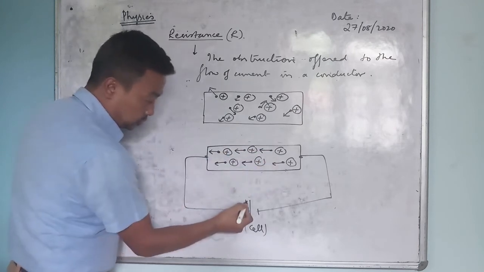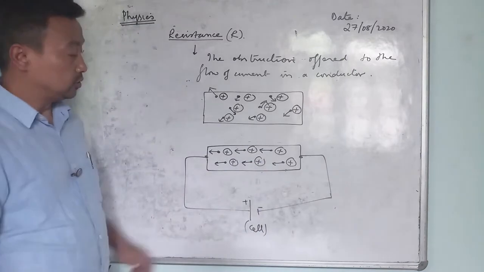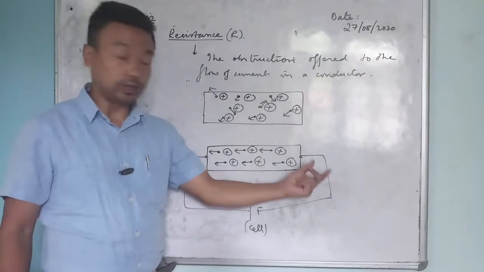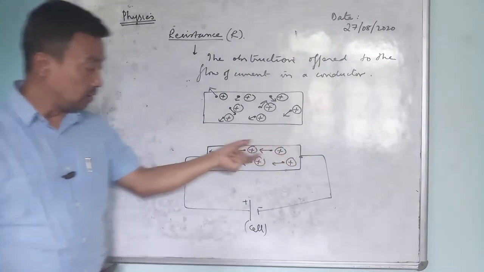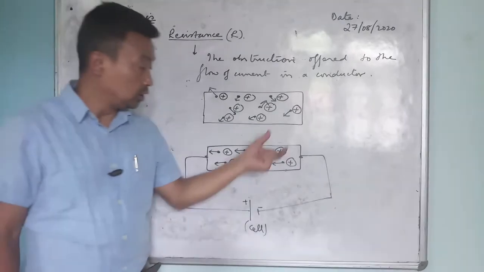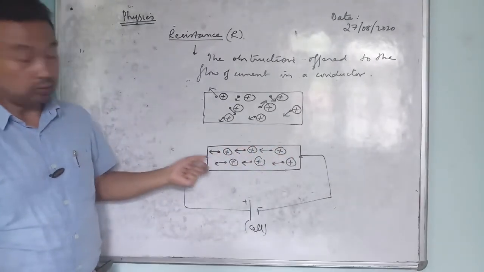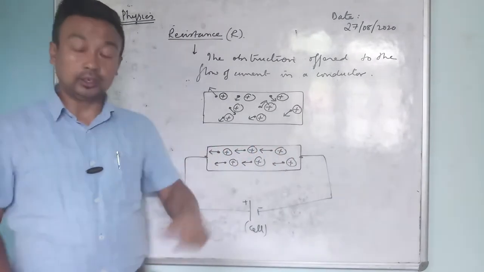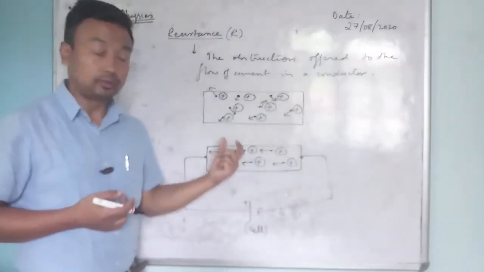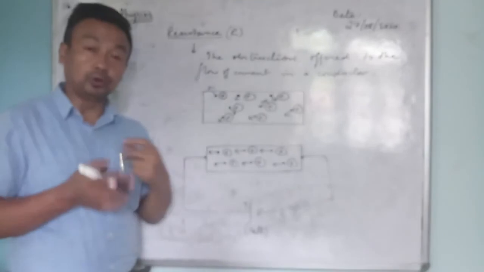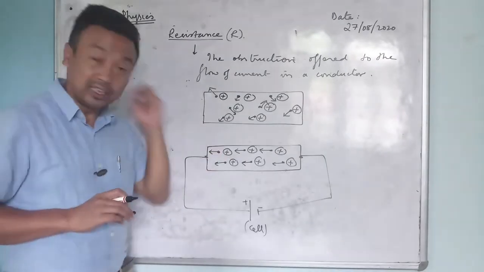This is the positive terminal, this is negative. So now there is a continuous flow of electrons. When these electrons are moving, their speed increases, they gather force, and they collide with the positive ions.